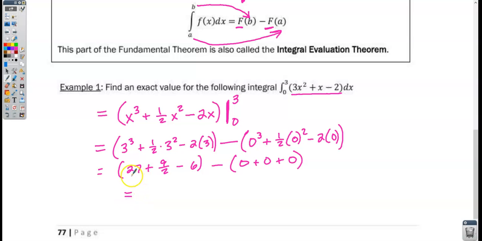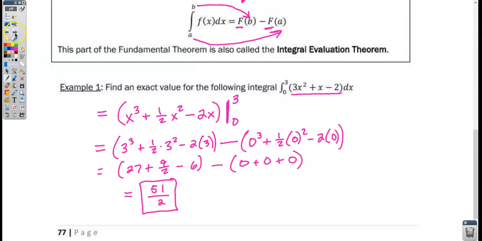And now I've got 27 plus 9/2 minus 6. That's 21 plus 9/2. 21 is 42/2. 42 plus 9 is 51. And so the value of this definite integral is 51 halves. All right, there was example 1.